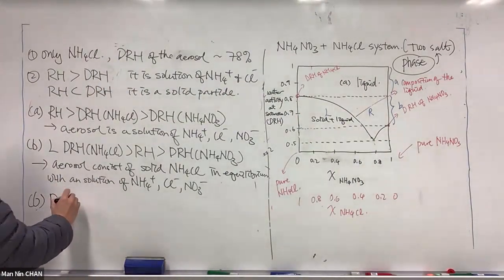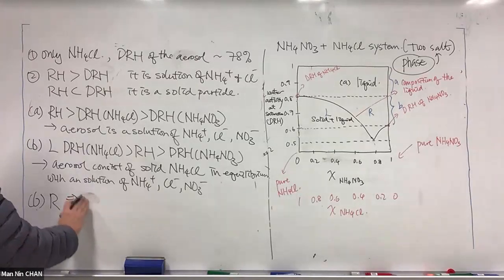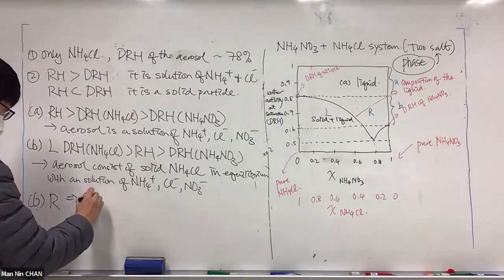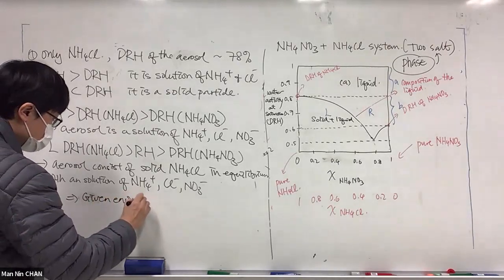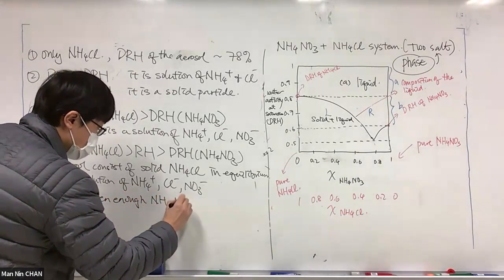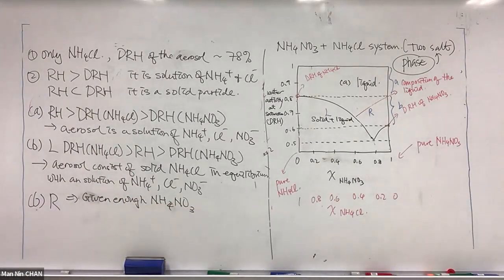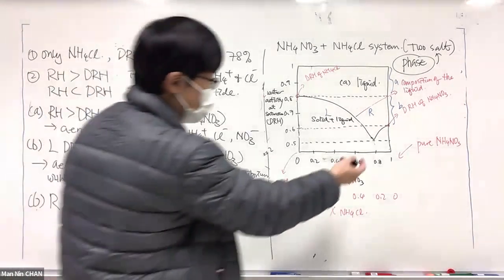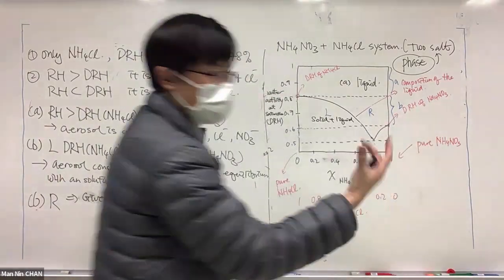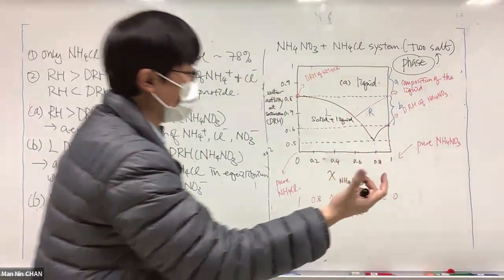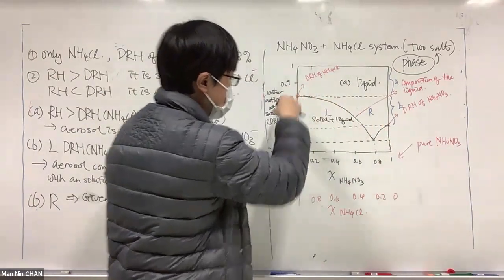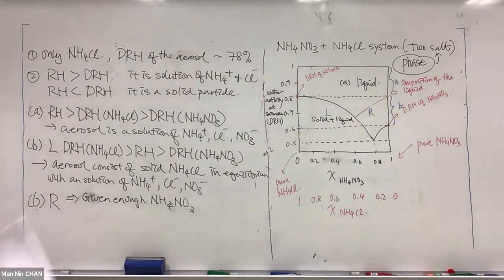So therefore, on the right-hand side, you are given enough ammonium nitrate, and because it's above the deliquescence point, this ammonium nitrate can also result in what we call the complete dissolution of your ammonium chloride. Because it's above the DRH of the ammonium nitrate, you dissolve it and provide some water, and that amount of water can also dissolve your ammonium chloride, right?